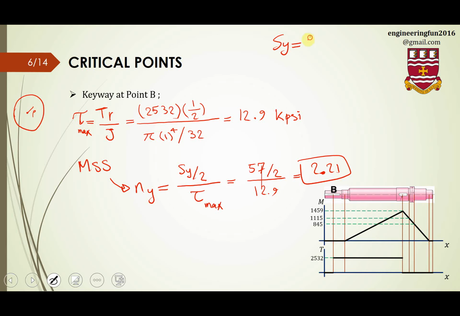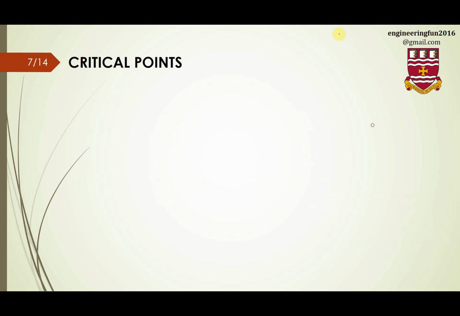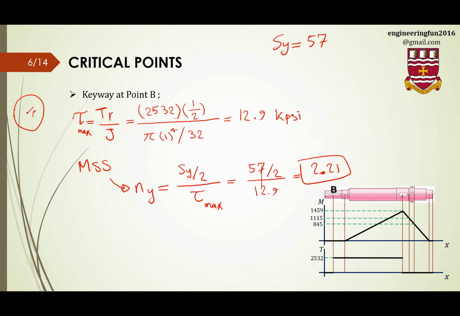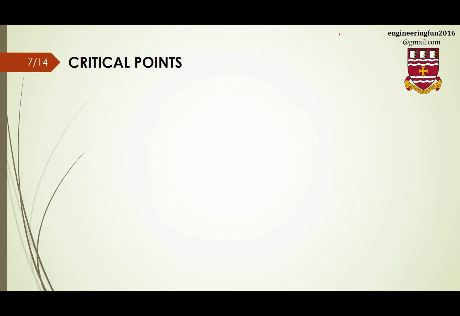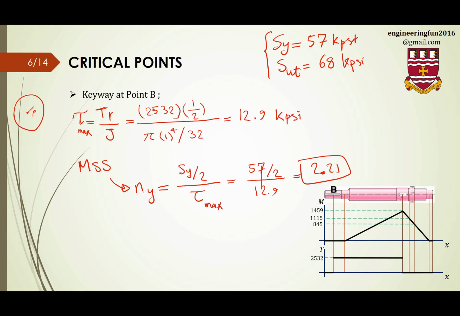In this case, Sy is 57 kpsi, and SUT is 68 kpsi. We found these two pieces of information from the internet or from some book, for example table 8-20 of Shigley, or you can find them online. This is a material property.